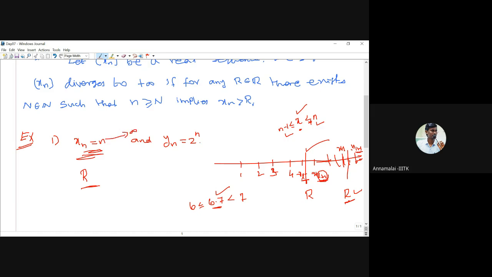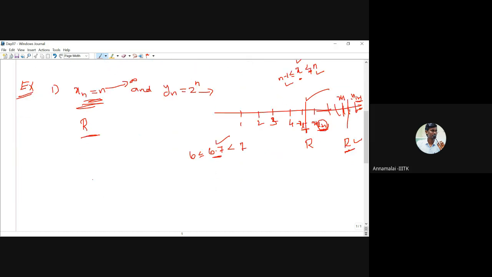Similarly for yn, if you mark the sequence terms on the real line, this is 0 and this is 1, but the sequence starts from 2, 4, 8, 16 and so on. It's powers of 2. Given any r, we can find a stage such that after this stage everything is bigger than r.